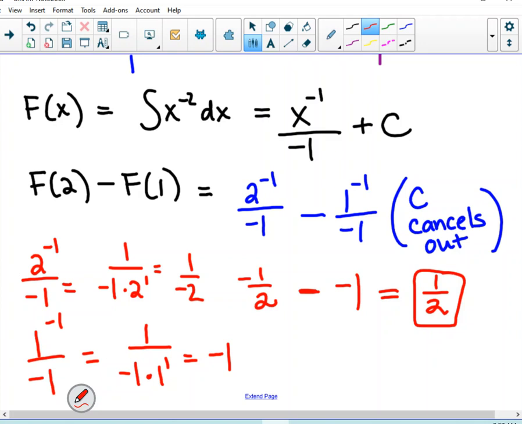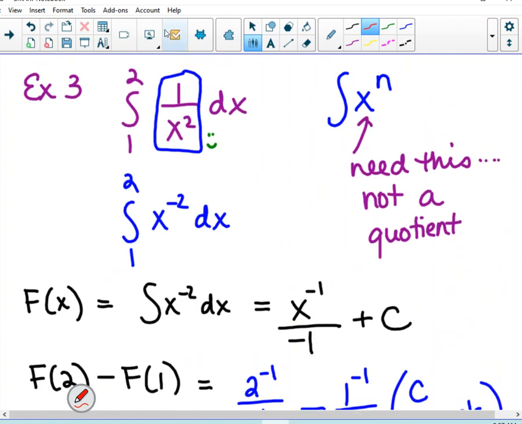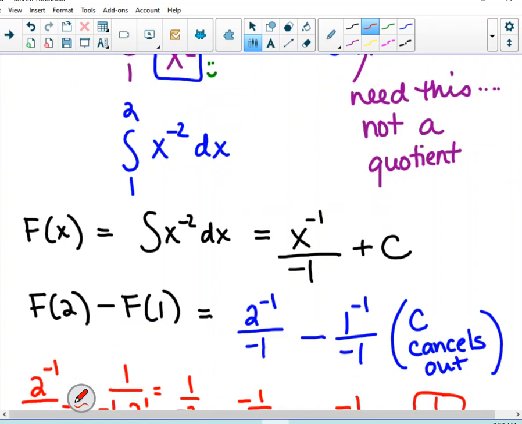So the biggest challenge on this one is watching for this: seeing quotients, rewriting them with negative exponents if we don't have it already written with a negative exponent. Similar to, we have a root, we have to write it with a fractional exponent. Negative exponents and fractional exponents versus roots and quotients are going to be our friends.